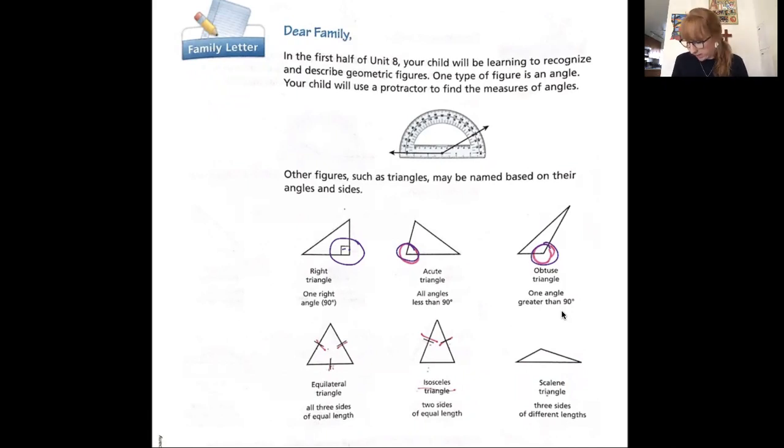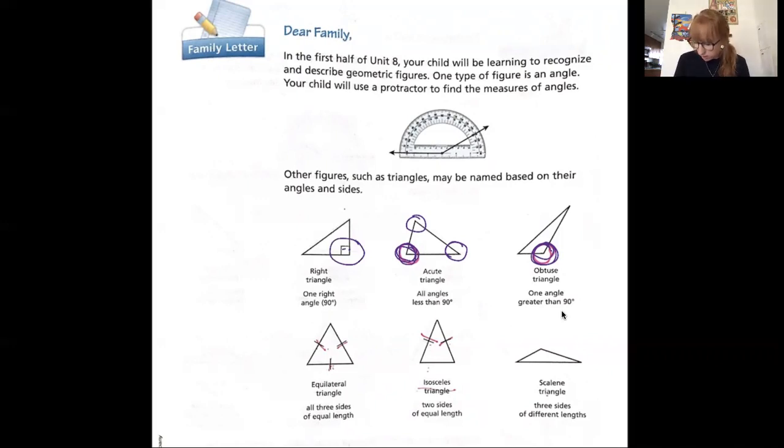When there are only acute angles, it's called an acute triangle. And when there is just one obtuse angle, then that triangle would be identified as an obtuse triangle.